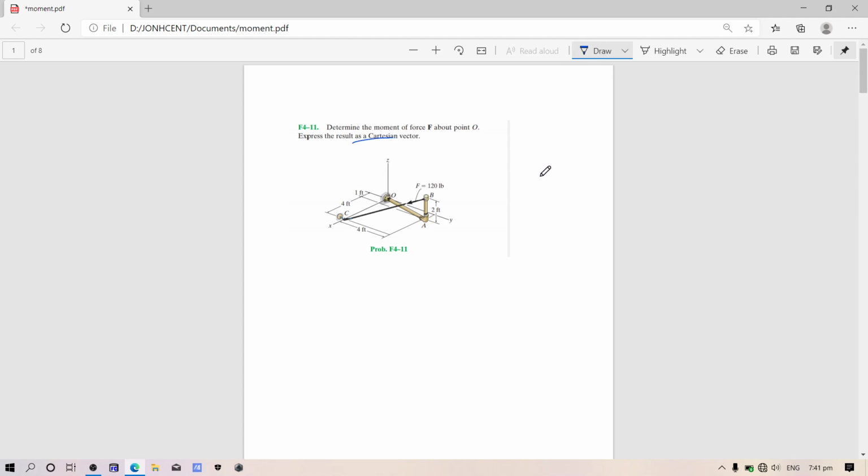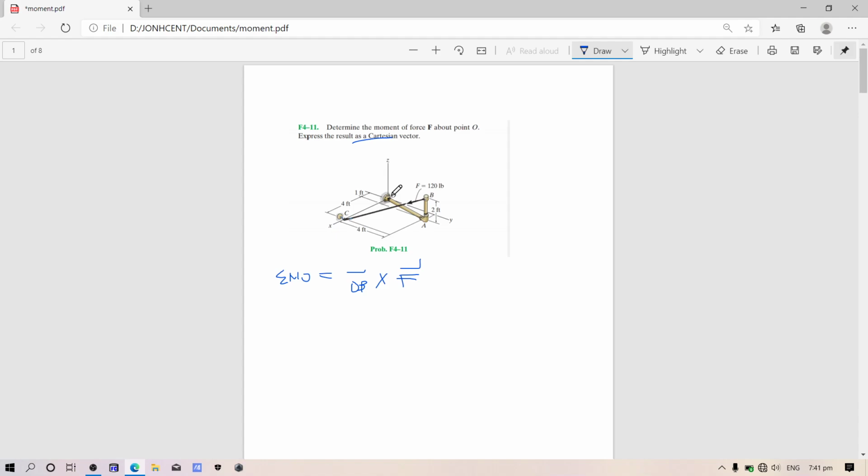Okay? So dito, we know that the summation of moments is equal to vector OB, times the force. Okay?